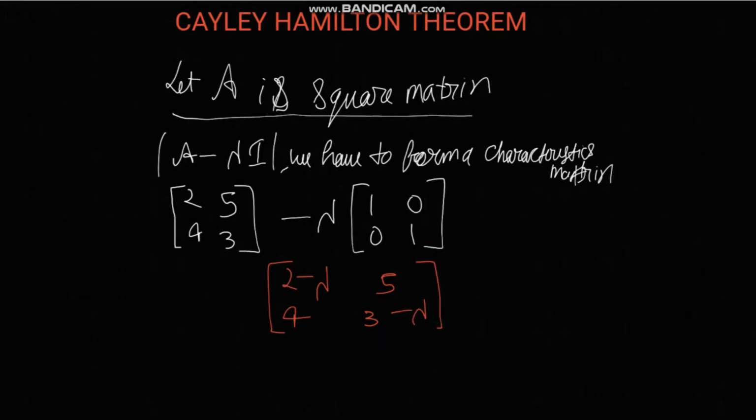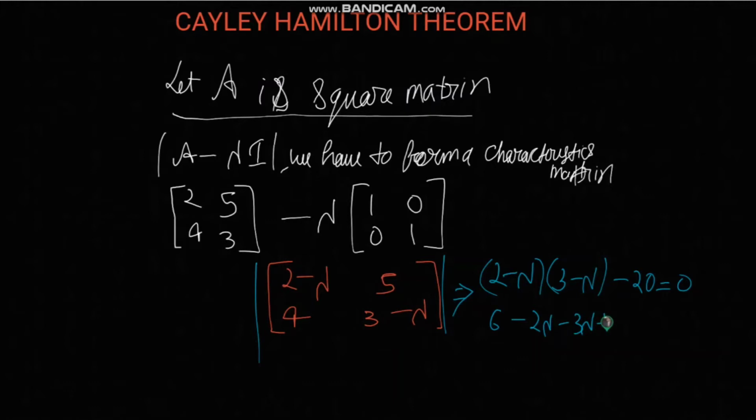Then we take its determinant, and after taking it we get the equation in the form of lambda: 2 minus lambda into 3 minus lambda minus 20, and that is equal to 0.